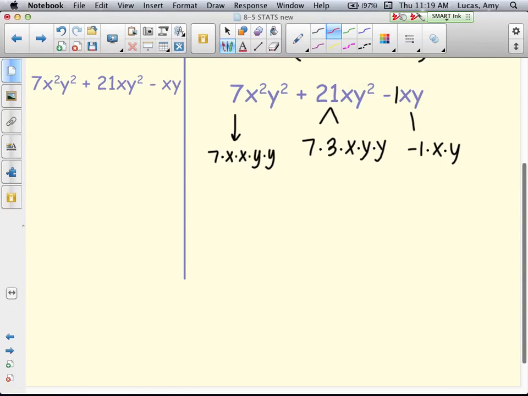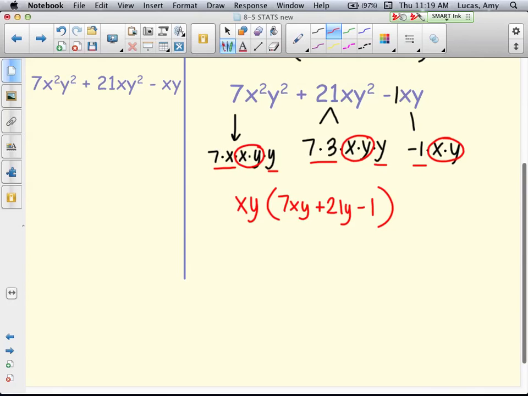What do they have in common? It looks like they've just got an x and a y. So I can take out that xy, and then what's left? 7xy, 21y, and negative 1. Here's my factored form.